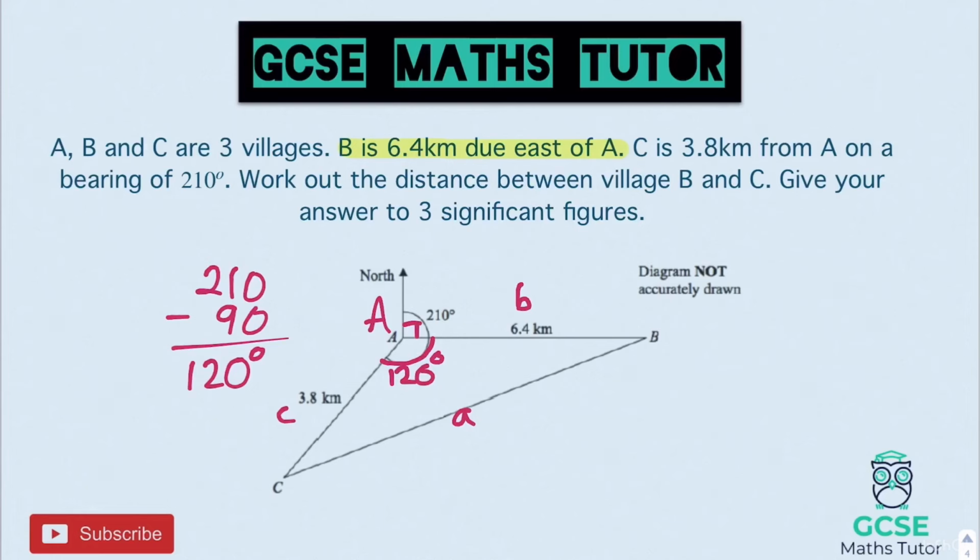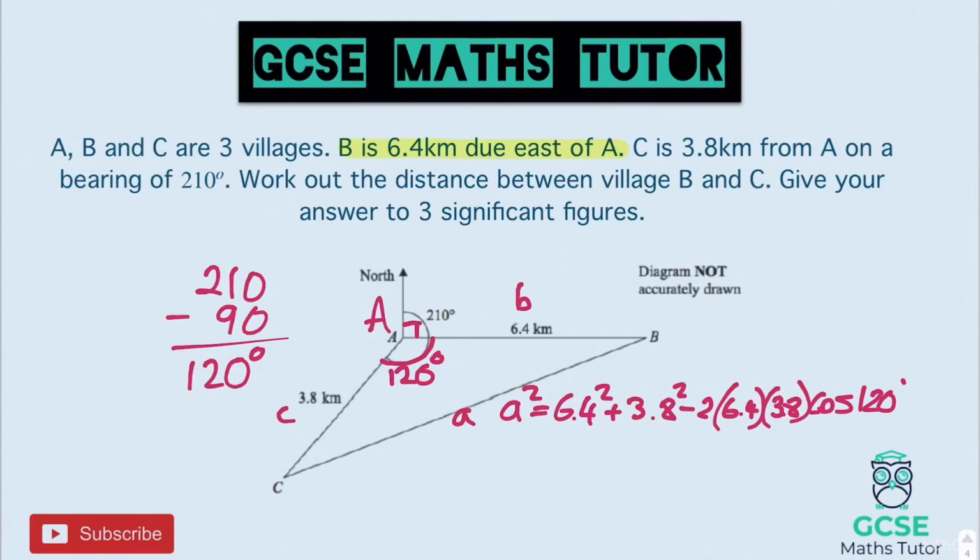It doesn't matter if you've done that slightly differently to me, but we get A squared equals 6.4 squared plus 3.8 squared minus 2 times 6.4 times 3.8 cos, and that is 120 degrees that we use in there. So A squared equals, and if we type that all in, let's have a look.